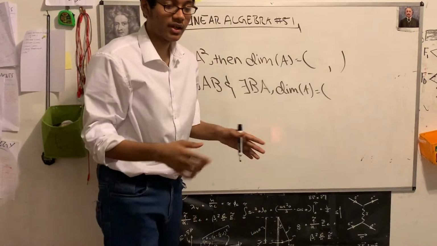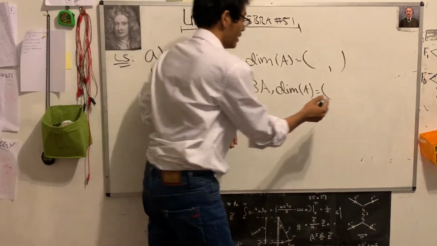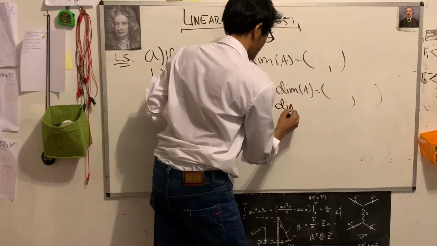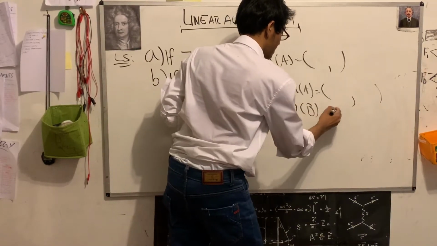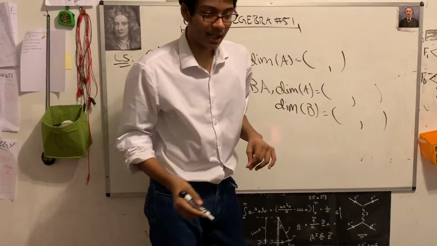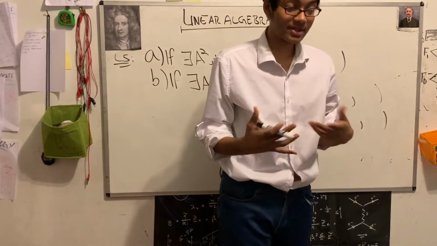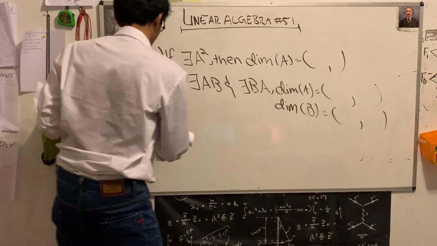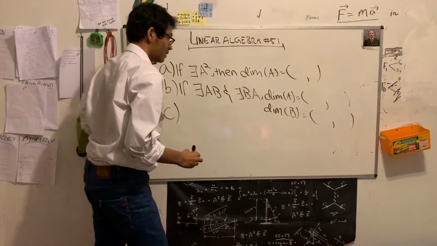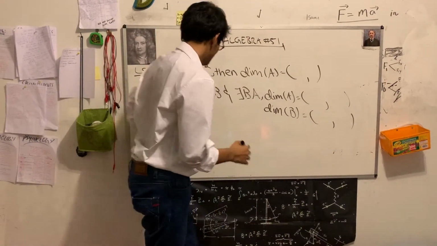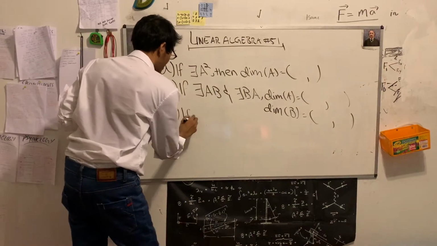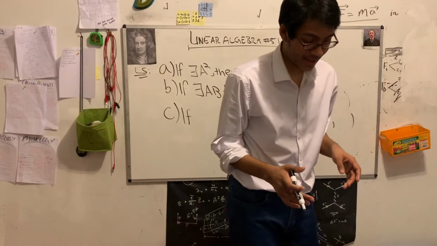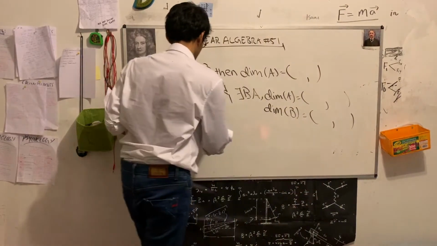Go ahead and move on to the next question, okay? So let me just finish writing this one. The dimensions of B are something comma something. The next question is perhaps even more nice, and it is as follows. If I have two matrices A and B, and if AB and BA are both defined, then they're both squares, right?